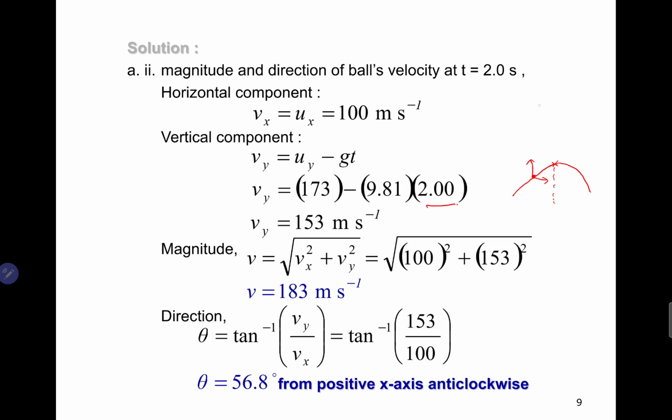So this is how your resultant vector will look: this is your vx, vy, this is your resultant velocity and your angle theta over here.